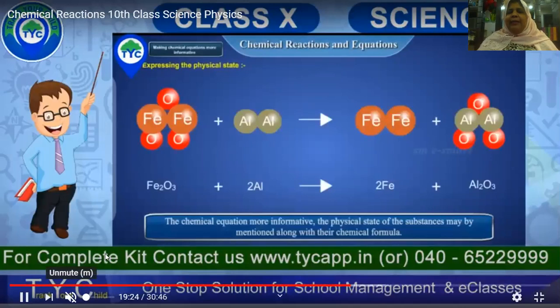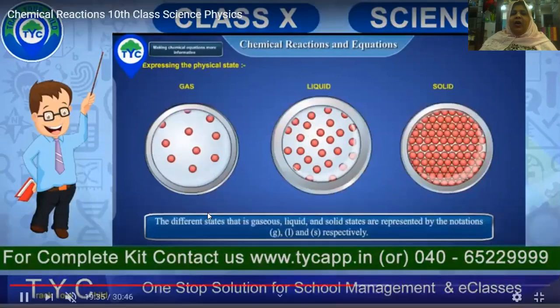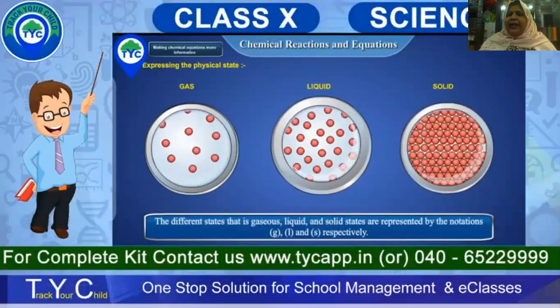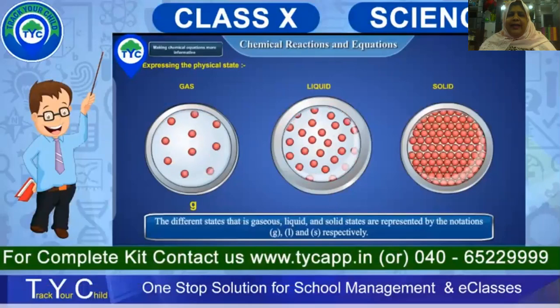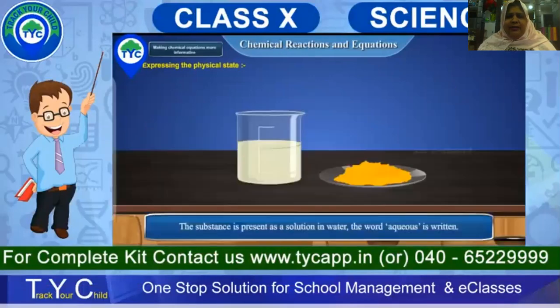So you see that the chemical equation is how you get the information. So let us see how you can get information about the characteristics or the properties of an element that is involved in the chemical reaction. Is it in a gaseous state, liquid state, solid state, or in the form of a precipitate, which is nothing but again a solid state.